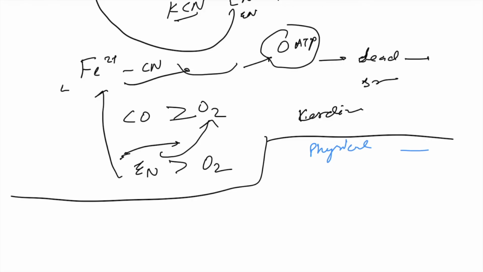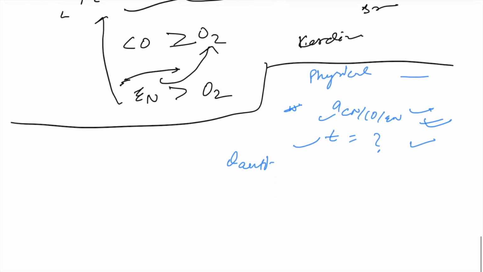Firstly they'll assess what amount of cyanide or CO or any other electronegative compound has been taken, and at what time also. Through this, they'll find out how much quantity of antidote is to be given.